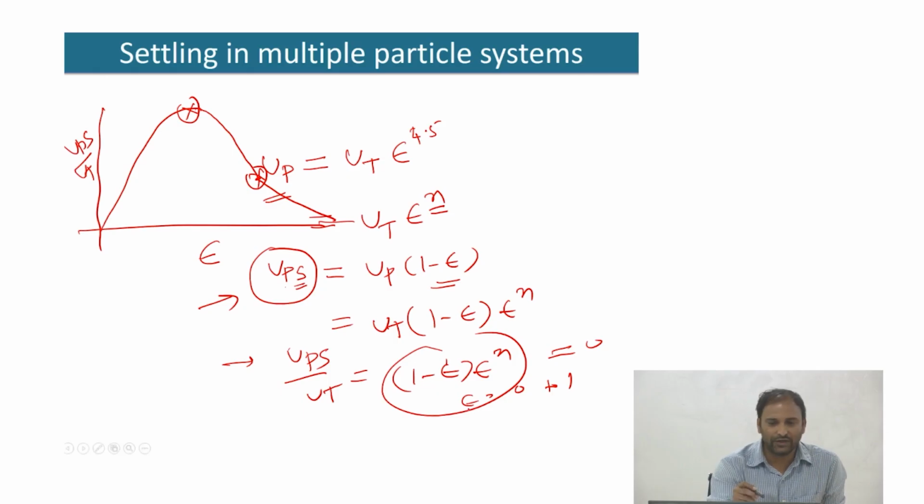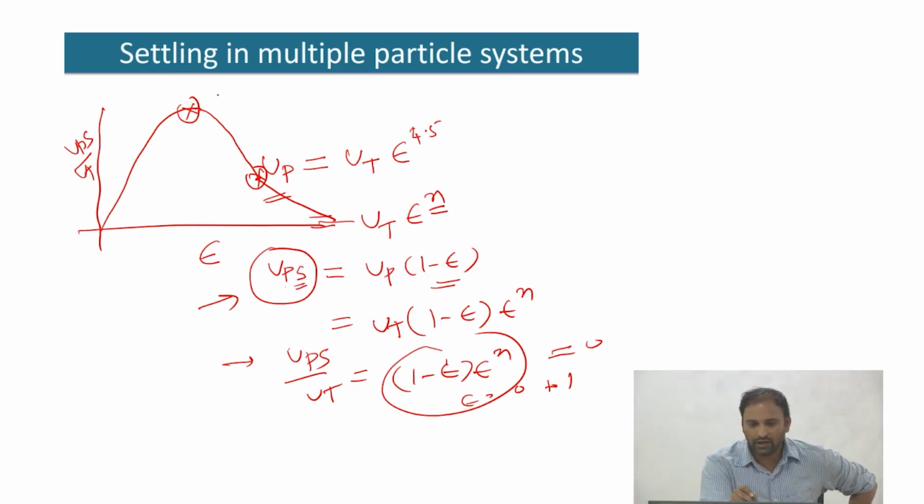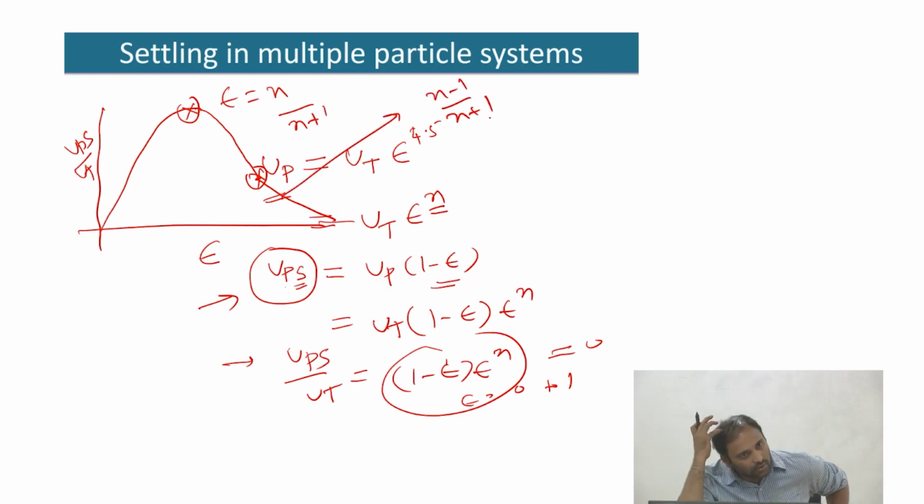If I do that, this maxima appears at a concentration where epsilon goes as n divided by n plus 1, and this inflection point seems to occur at n minus 1 divided by n plus 1.